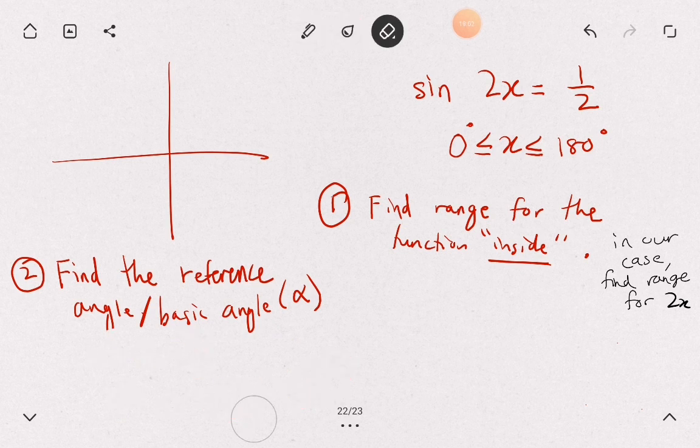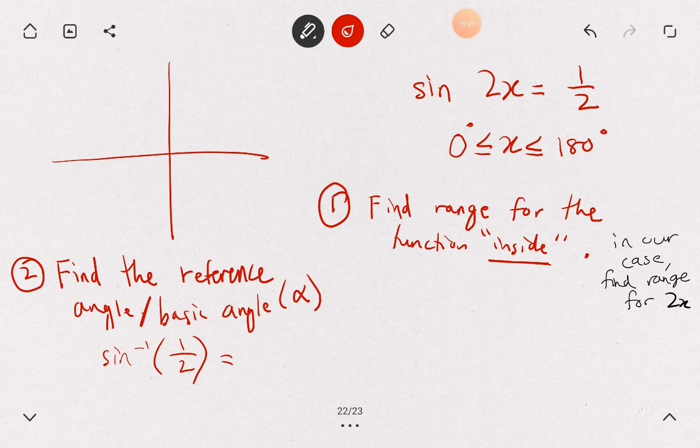So you know that in our case, what is shift sine of 1 over 2? If you put it in your calculator, it will give you 30 degrees. The point is, this is not a complete answer.